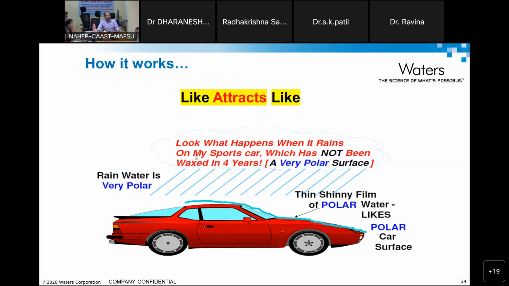So the rainwater is falling on the surface of the car, and this surface of the car is not waxed, so this surface is also polar in nature. If you can see in this picture, the rainwater is falling on the surface of the car and accumulating all over it, which represents that it is attracting the polar nature of the rainwater.